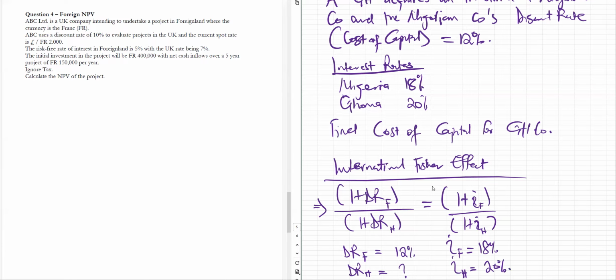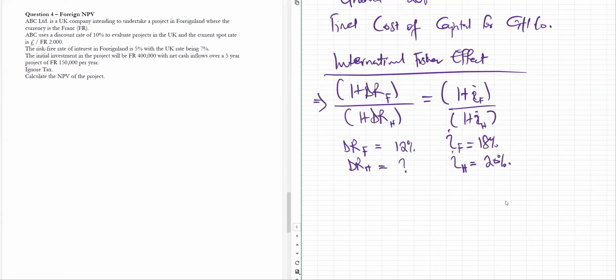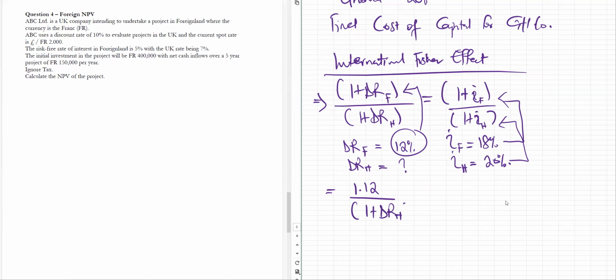So now you can fill in the formula: 1.12 over 1 plus the discount rate in the home currency equals 1.18 over 1.2.